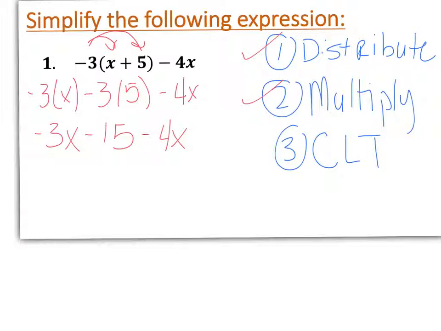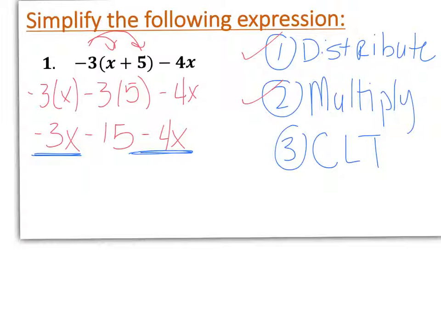So I'm looking at this, what 2 things can I combine? I see that I have something with an x, and I have something with an x, so I'm going to combine them. -3x minus 4x. If you can't do that in your head right now, you should use a calculator. Please use a calculator.